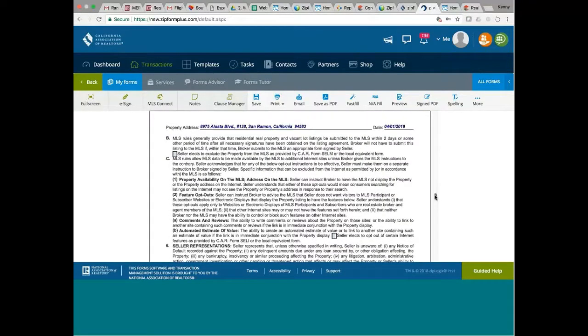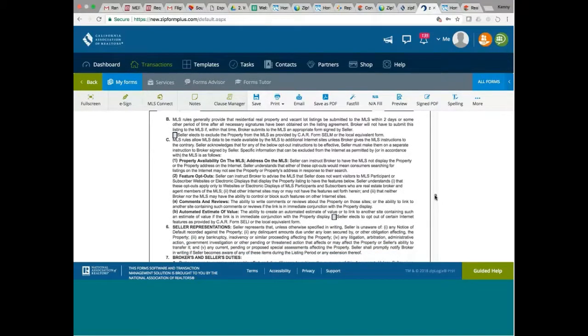MLS rules allow MLS data to be made available by the MLS to additional internet sites. That's exactly what I talked about. Property availability on the MLS, address on the MLS. Seller can instruct broker to have the MLS not display the property or the property address on the internet.